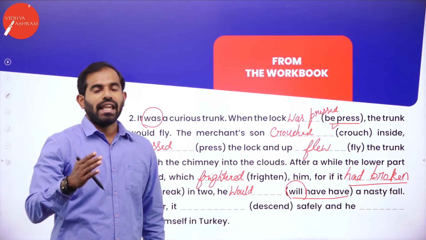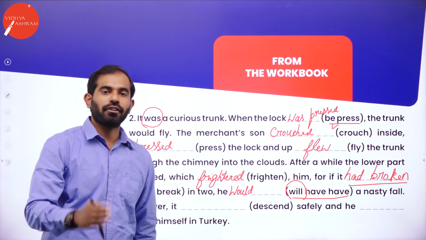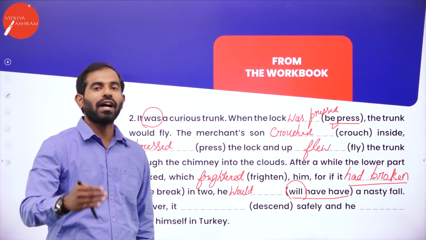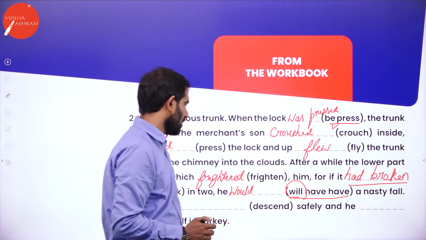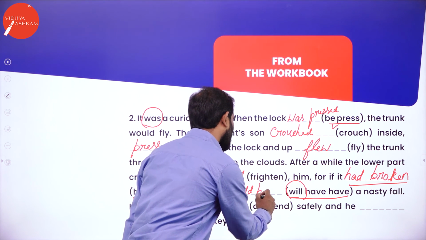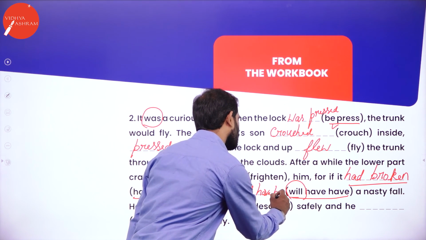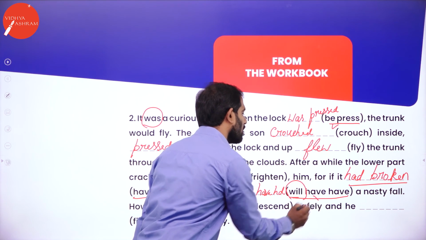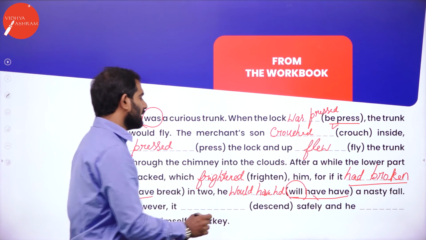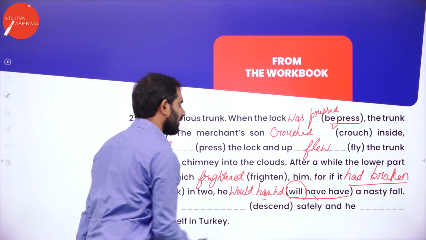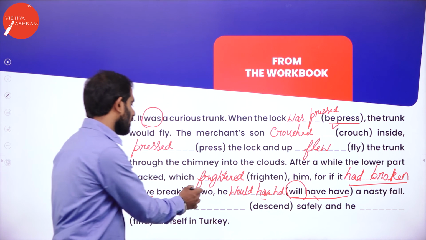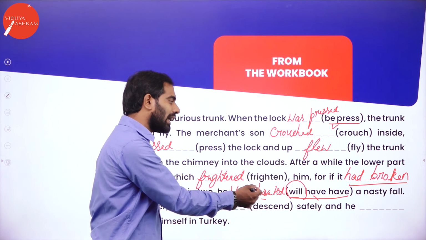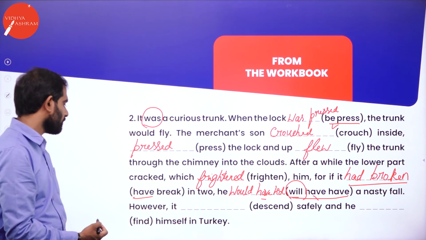Now, in past perfect continuous or in past perfect, we use both halves at times. Would have had. One half will remain the same. Now, let us try to remove this half here. Would had a nasty fall, it doesn't make sense. So, he would have had a nasty fall.